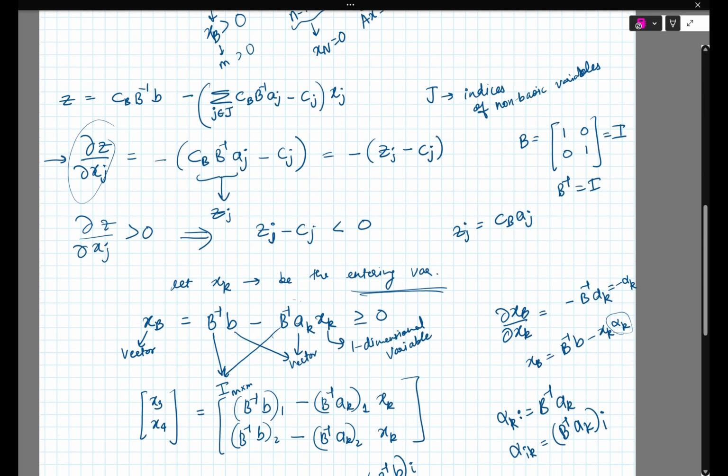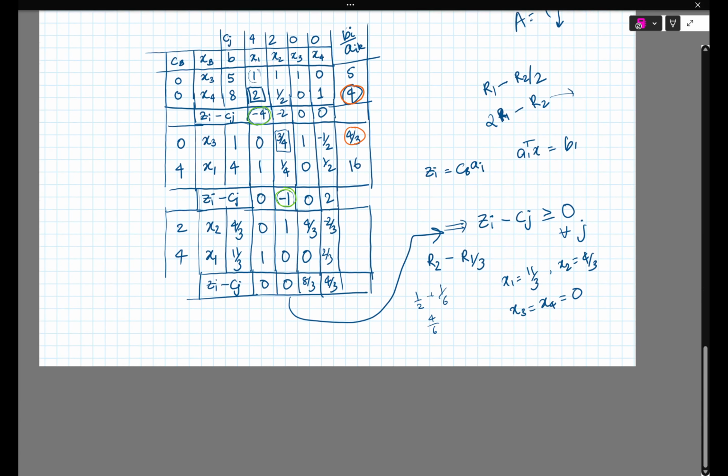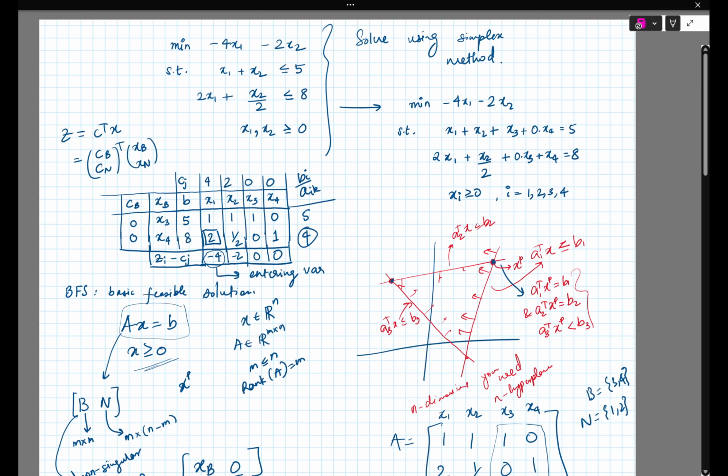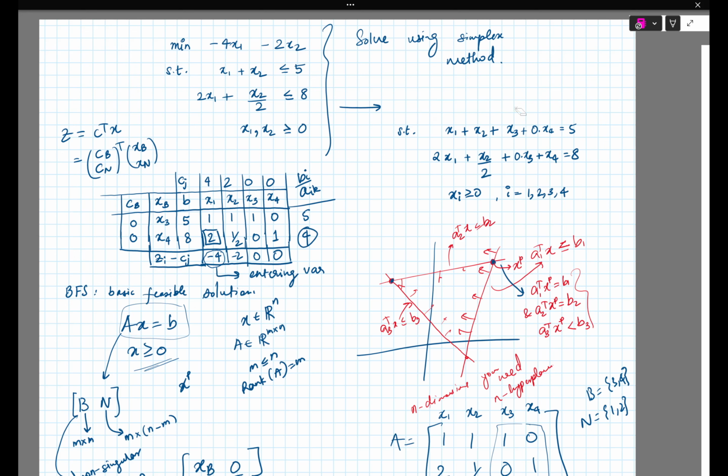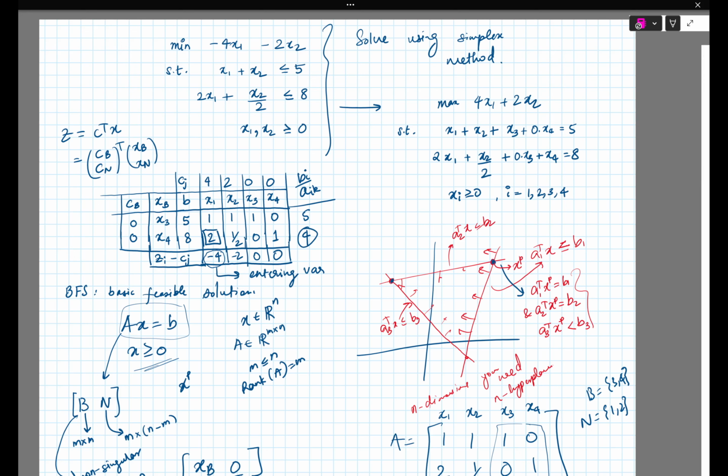So we just need to substitute x1, x2, right? One thing I didn't write, I think we change this also to max. That's why we have 4 2 instead of minus 4 minus 2.